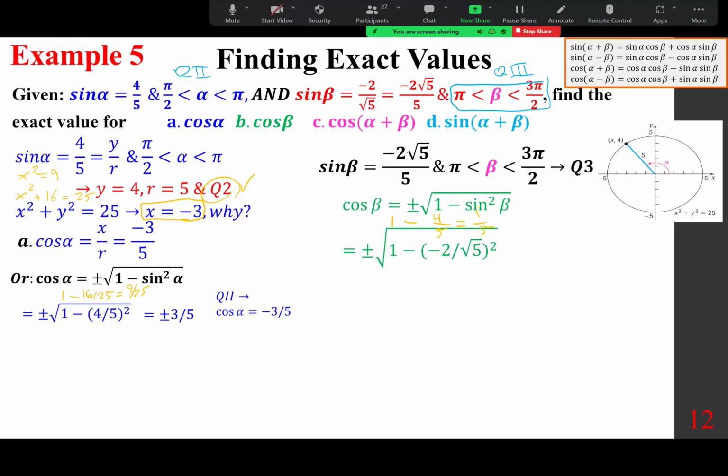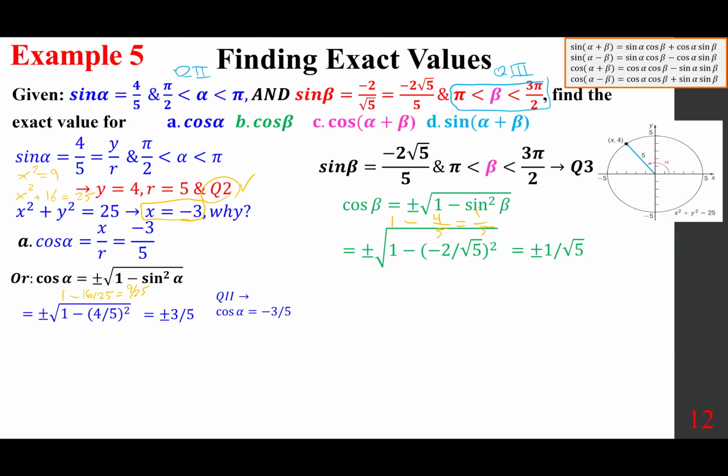So 1 over 5 means plus or minus 1 over square root of 5. That's the meaning of it when you take it out. And why is it negative? Third quadrant. Sine is negative, cosine is negative, secant is negative, everything is negative except tangent and cotangent.